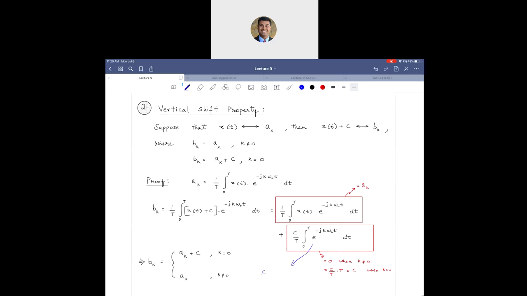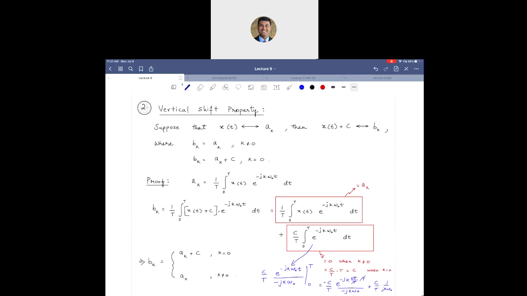For the integration, you have c over T, then you have e to the negative jk omega naught t divided by negative jk omega naught, and you are integrating that from 0 to T. And this will result in c over T times e to the negative jk omega naught T divided by negative jk omega naught, where omega naught is 2 pi divided by T, plus c over T times 1 over jk omega naught.